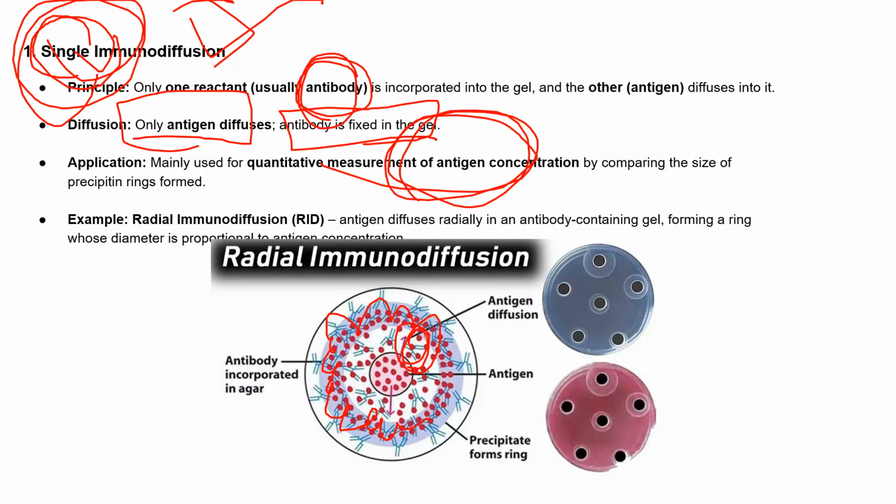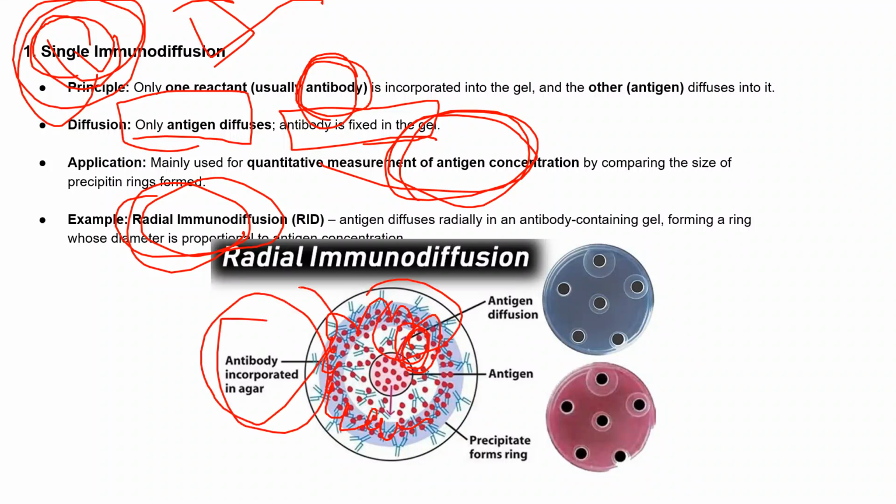By comparing the size of the precipitin ring that forms. By seeing that, we can quantify whether the antigen is high or low. An example of the single immunodiffusion technique is radial immunodiffusion, in which antigen diffuses rapidly and antibody is incorporated into the agar so that it does not move.